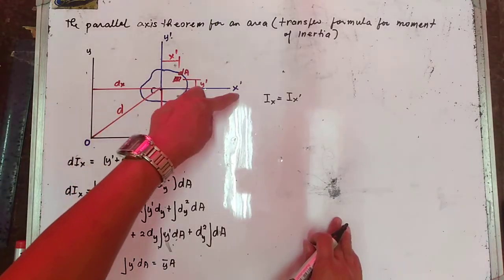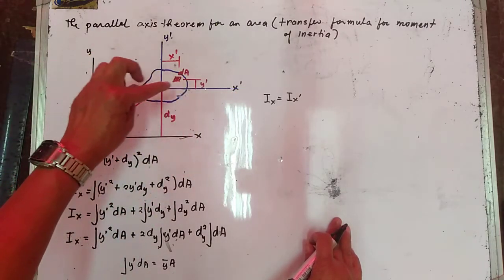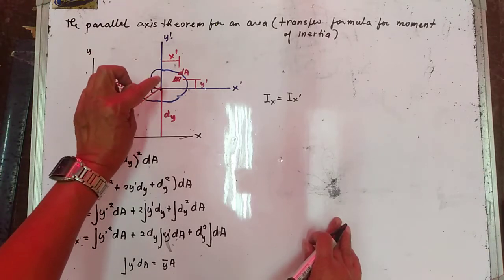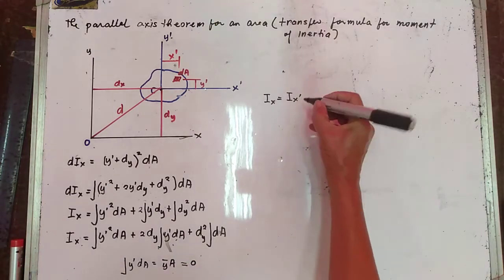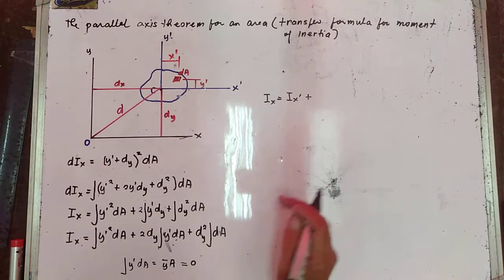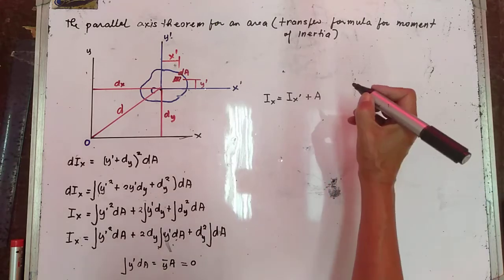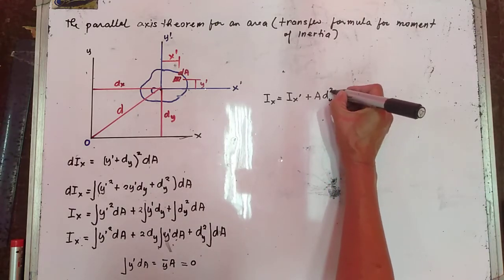Since your x-axis coincides with the centroid of the total area, hence your bar y in here is equal to 0. Plus, we now have the integral of dA, which is equal to the area, multiplied by d square.